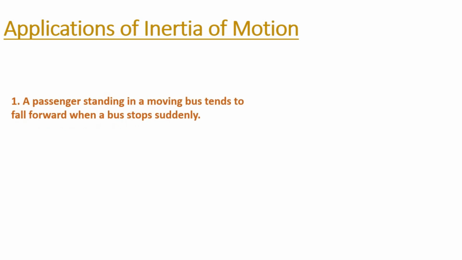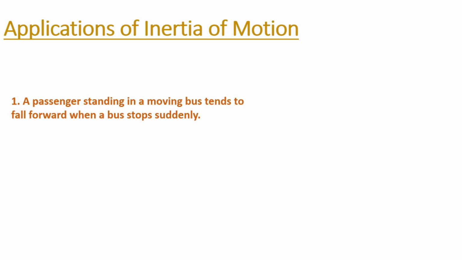Now, the first application: a passenger standing in a moving bus tends to fall forward when the bus stops suddenly. It is the same example I took in inertia of rest. In the inertia of rest, the passenger was falling backward when the bus started suddenly.